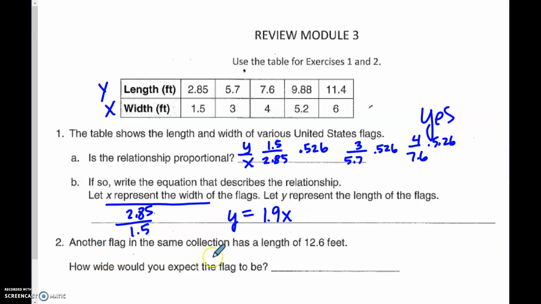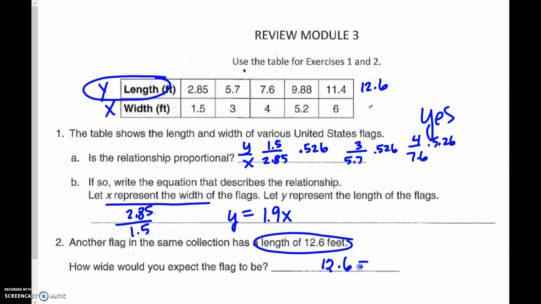All right, so another flag in the same collection has a length of 12.6. So we have this length of 12.6, and length is y. That means I'm going to put in for y, 12.6, and then I have 1.9x.